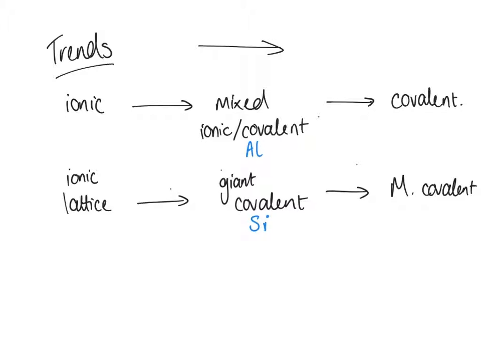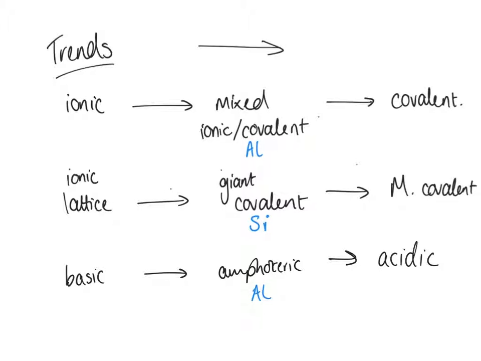Basic oxide, good. And then we gradually move towards what? Amphoteric. Where's our crossover point for that? Aluminium. And then we move towards acidic. Great.